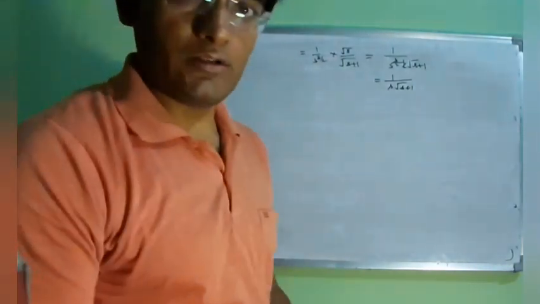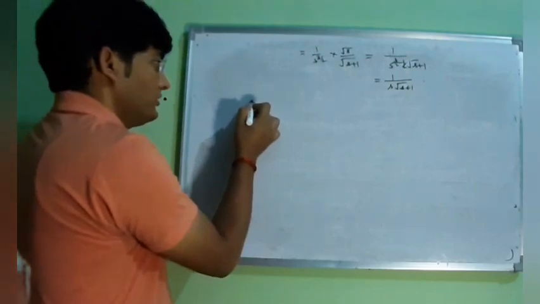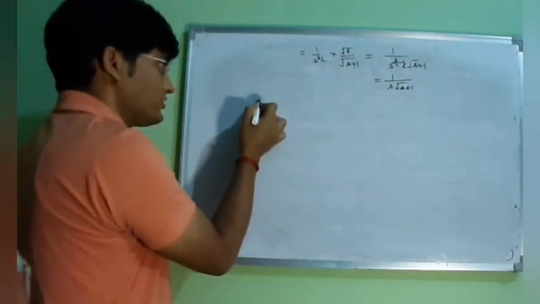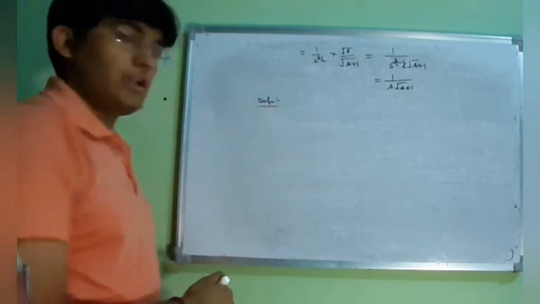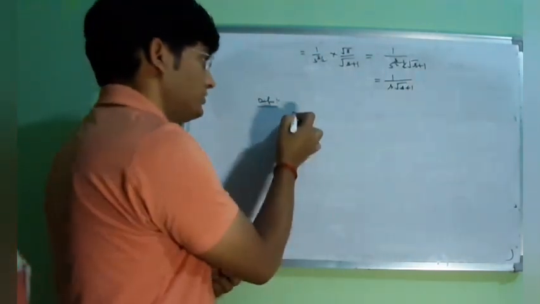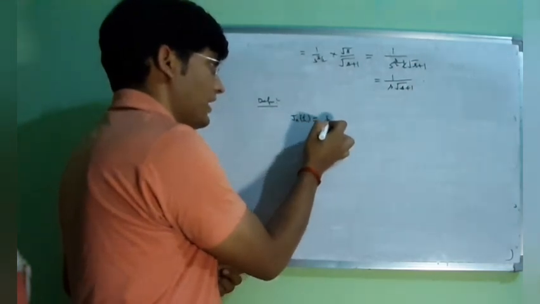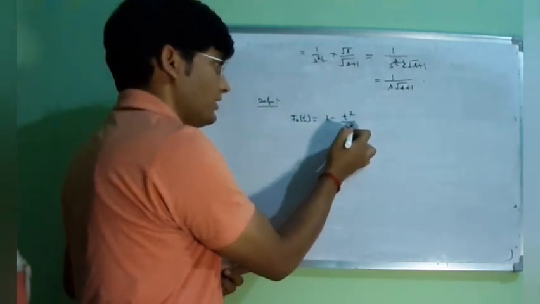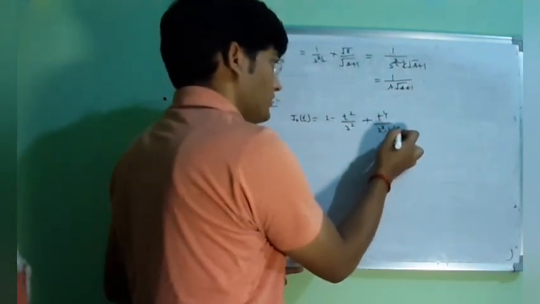And in particular the Laplace of Bessel function of zeroth order. So let us define the Bessel function of zeroth order. You know that the Bessel function of zeroth order is 1 minus t square upon 2 square plus t power 4 upon 2 square into 4 square.